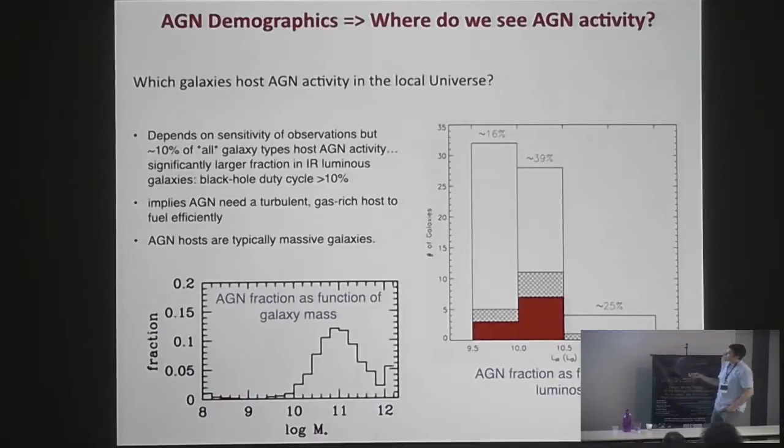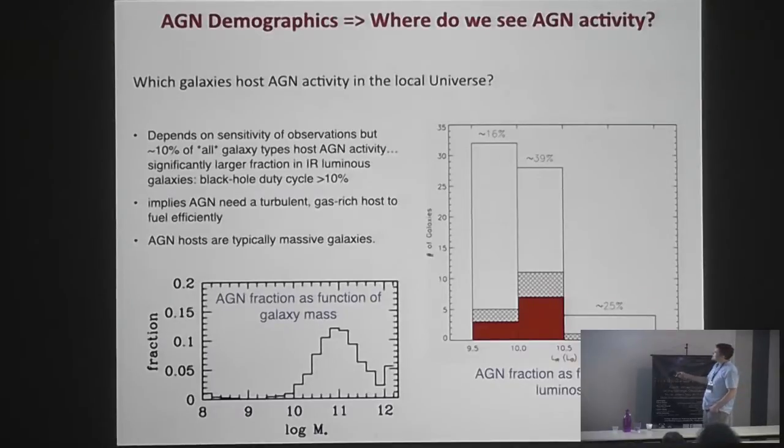Another thing that we see is that the AGN fraction is strongly dependent on the infrared. If you have a very bright infrared galaxy, you almost always have an AGN being fed actively at the same time. This is the infrared luminosity here, and you can see that there's a peak, around 40% of modest infrared luminosity objects are accreting, and you can see them.